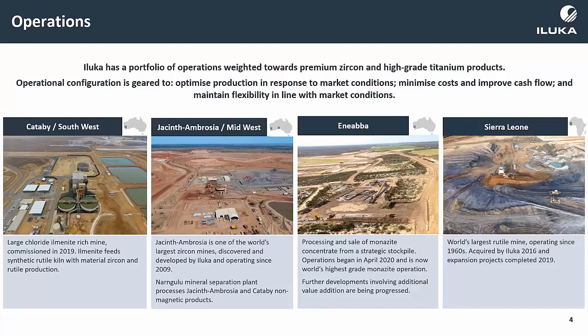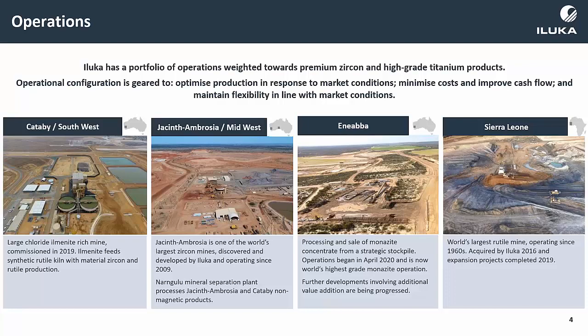In JA Midwest we have our Jacinth Ambrosia zircon mine and our Midwest mineral separations facility. Out of that we produce zircon, rutile and ilmenite.